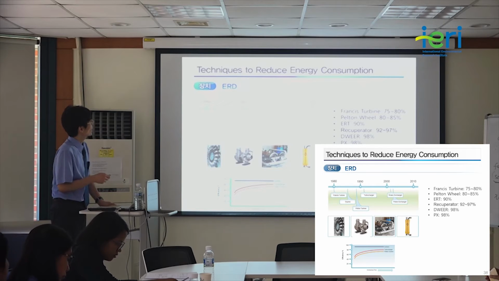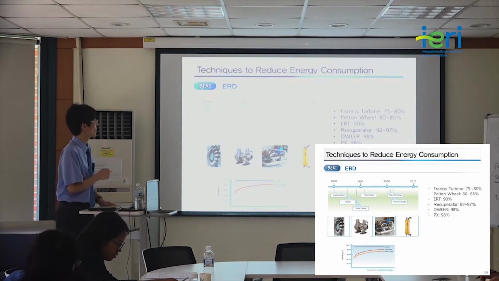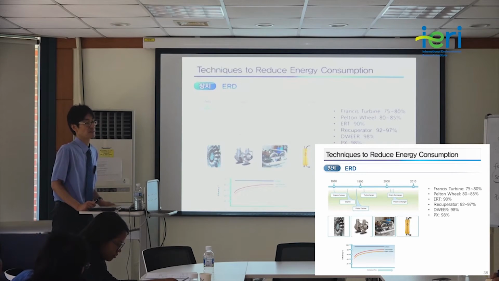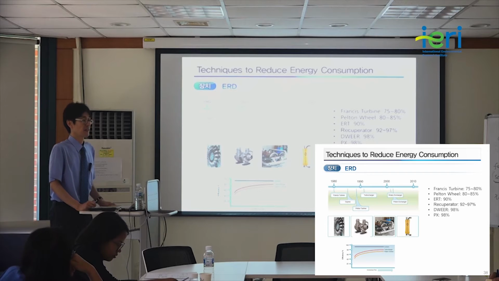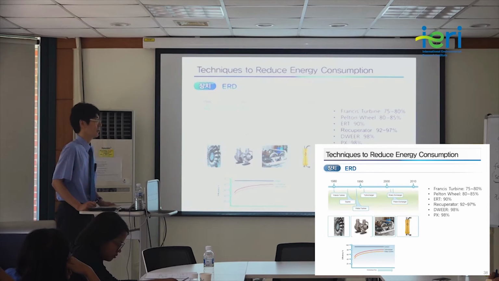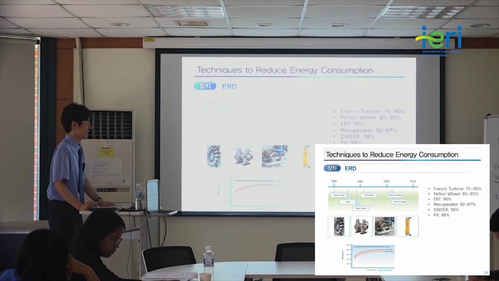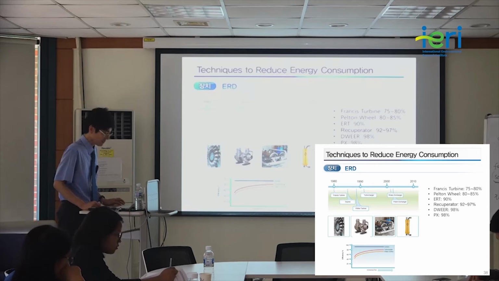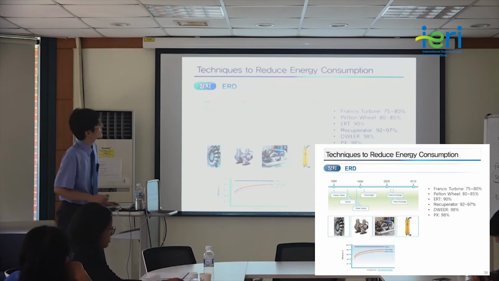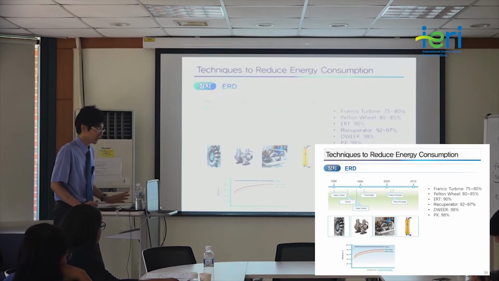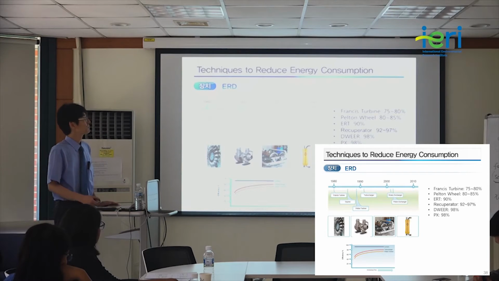Historically, people started to use a prototype energy recovery device, and now we have very sophisticated and very high efficiency energy recovery devices that can guarantee the very high efficiency of the reverse osmosis system. There are different kinds of energy recovery devices, which I will explain one by one.